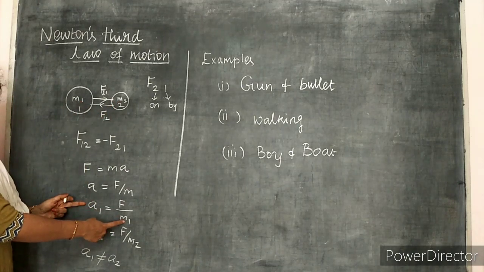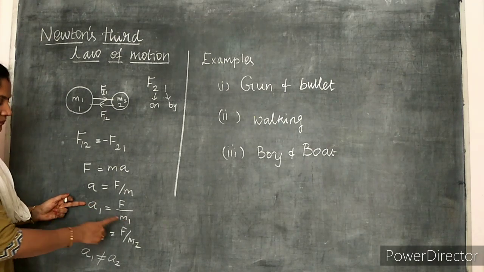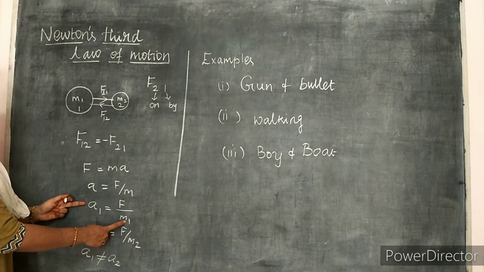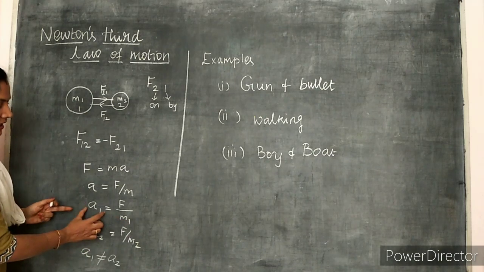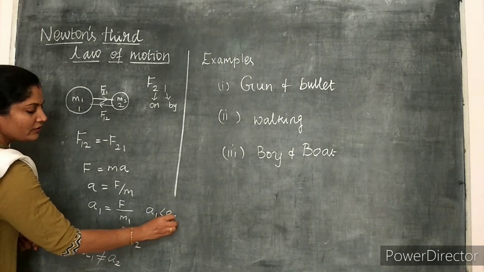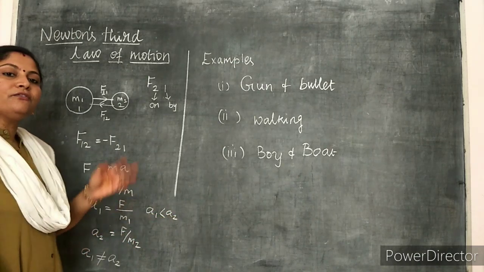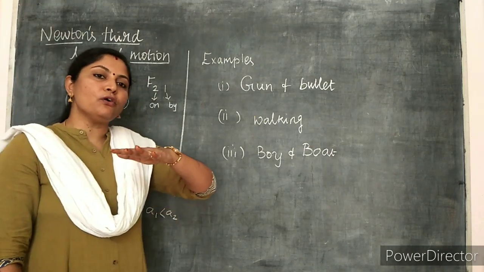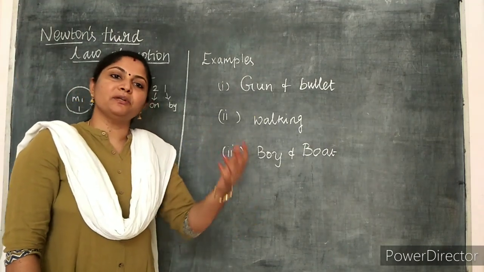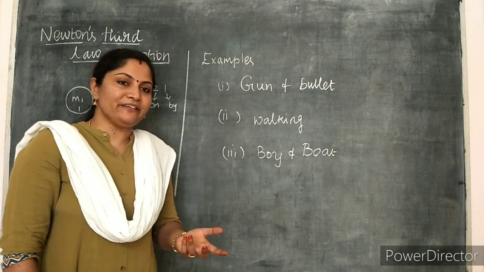Acceleration is inversely proportional to mass. So here A1 is inversely proportional to M1. Since the mass is greater, A1 will be lesser. A1 is lesser than A2. A2 is F by M2. So even though the forces are equal, the acceleration experienced by both bodies will be different.